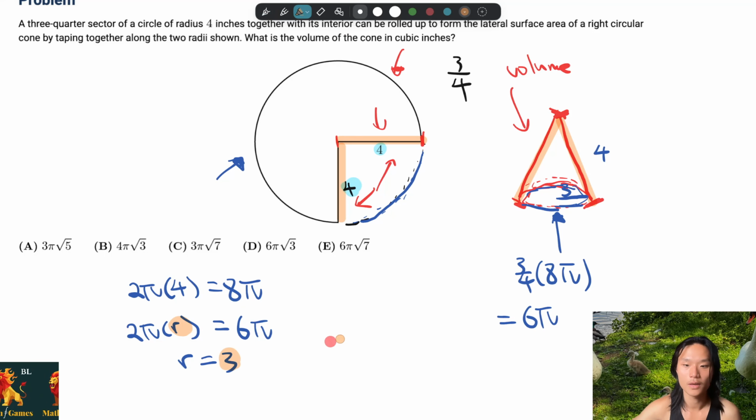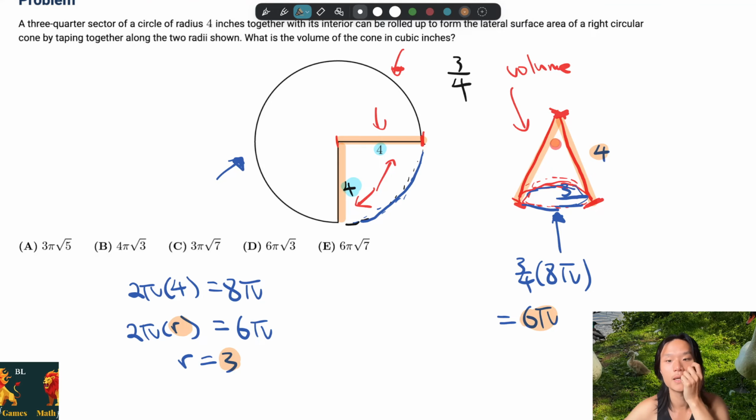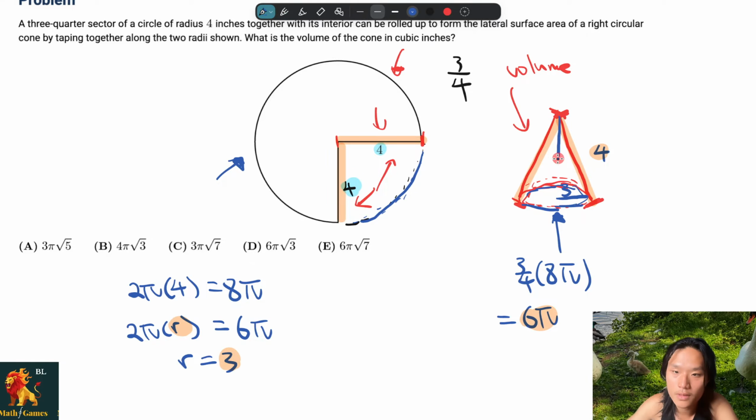Now we know a bit more, right? So because this is 3, then we can think of this part of our cone, this sort of triangle, here, here, and here.